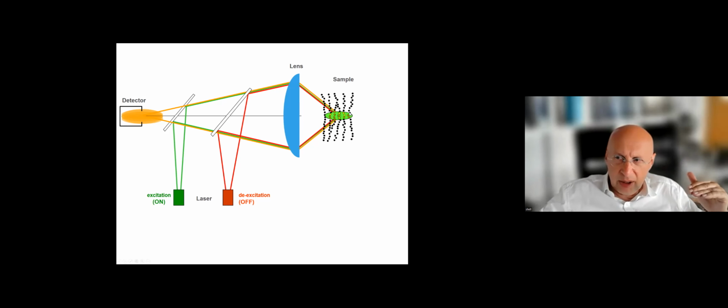Now, turning all the molecules off here wouldn't make any sense, because then you would see nothing here, okay? But one can manage to change the beam of light in such a way that it has a hole. And if it has a hole in here, then of course, the molecule in the hole will not be turned off. That would still emit light. But those that are not in the hole, of course, they will be turned off.